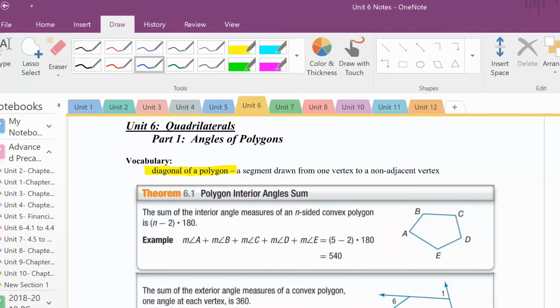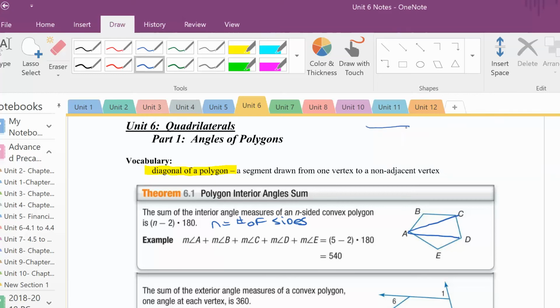To figure out the number of degrees in the interior angles of a polygon, you take n minus 2, where n equals the number of sides, and multiply by 180. The reason being, if you look at the five-sided figure again, you could separate this into three triangles, and each triangle is 180, so 3 times 180 is 540.